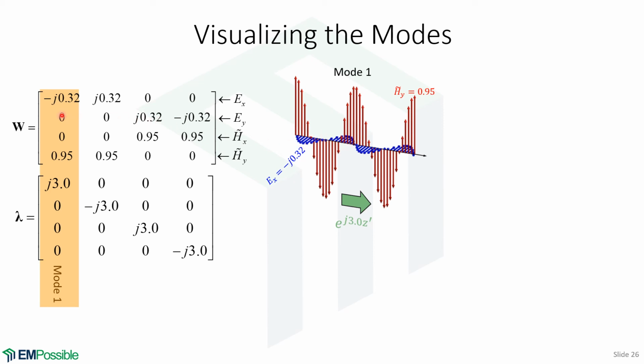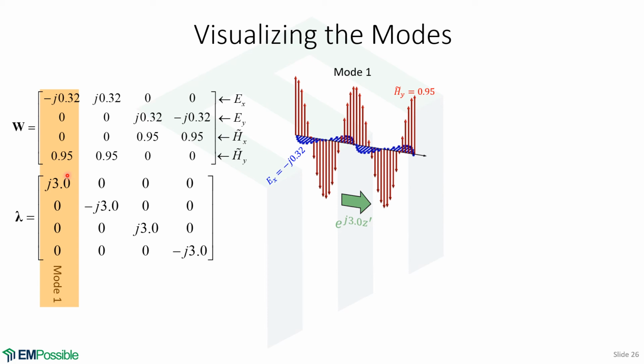It has no y component, so there's no blue vectors pointing in the vertical direction. There is no x component of the magnetic field, so there's no red vectors pointing this way. However, there is a y component of the magnetic field, and it has an amplitude of 0.95. And so there's our magnetic field in the y direction with a magnitude of 0.95.